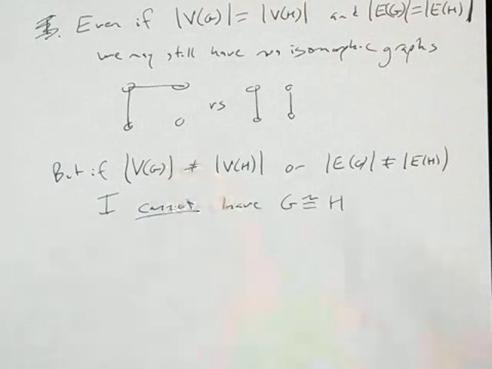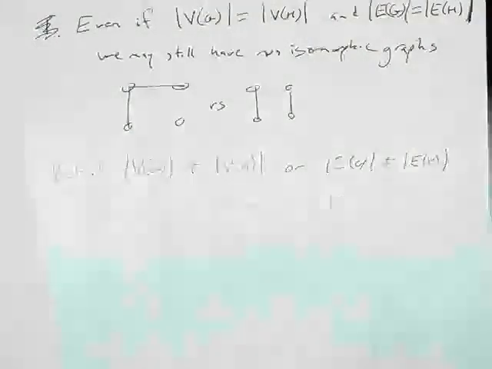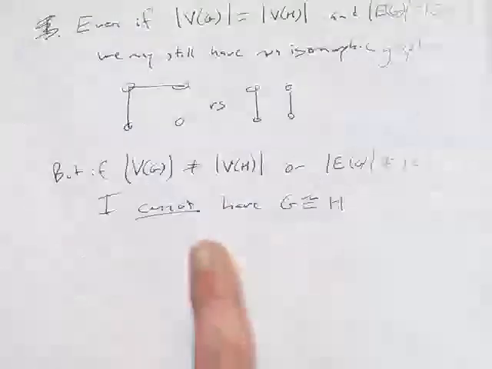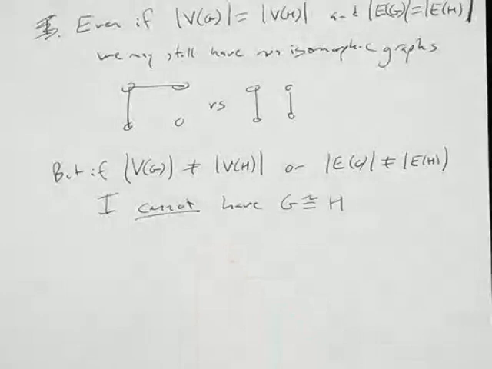So, at the same size, we broke the one-to-one and onto part. And if the edge sets are at the same size, we have an isomorphism. Those are abstract. It's the same finish.